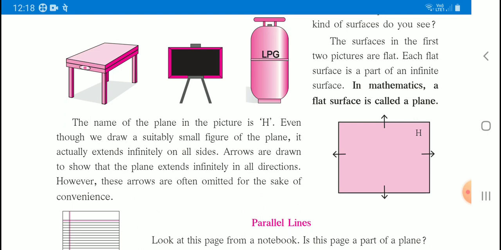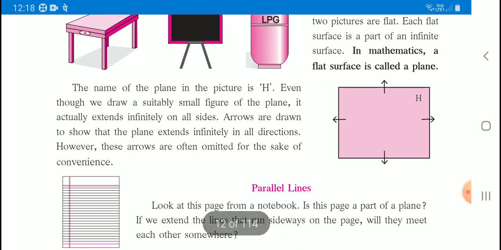Here they have given one figure. They have given the name of this figure as H. Here H is a flat surface, so it is a plane. They showed here the arrows extending towards all the four directions, meaning the plane extends in all directions.